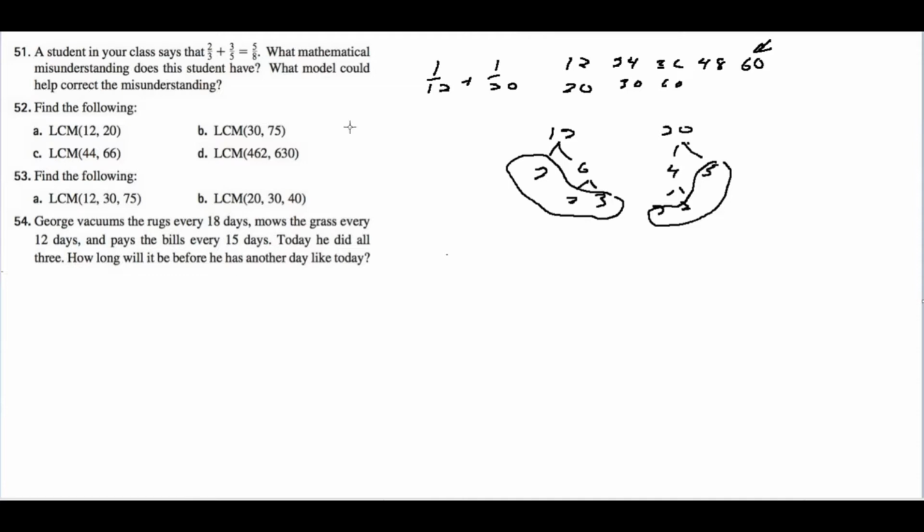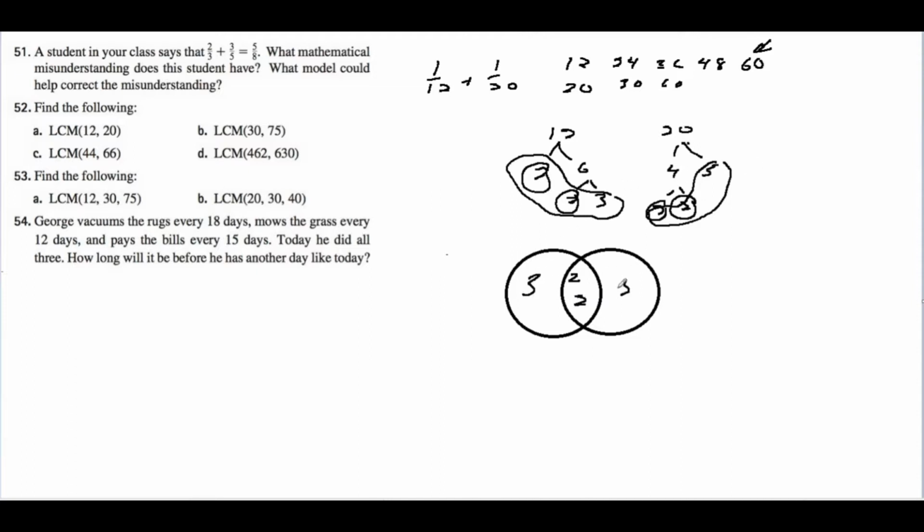Now this Venn diagram, the part we have in common, we have a 2 and a 2, so that goes here. Then the part that's not common, the 3 here and the 5 here. So what we do is take our greatest common factor of 4 and multiply times 3 times 5, and that would give us our 60. So 3 times 4 times 5.